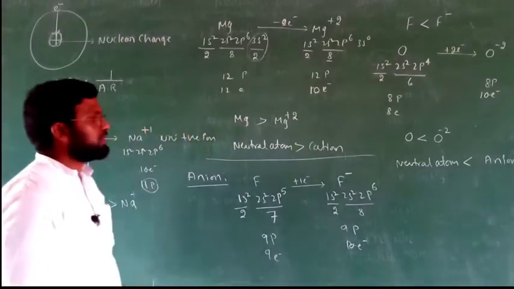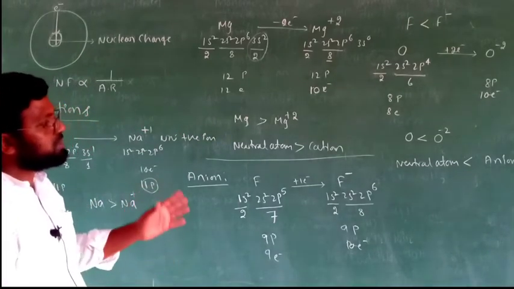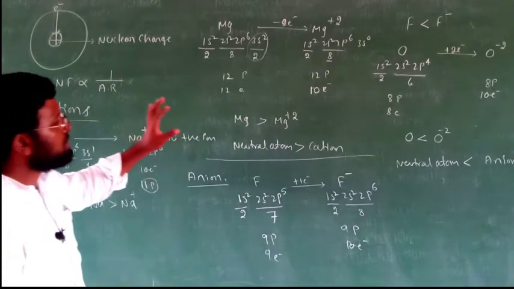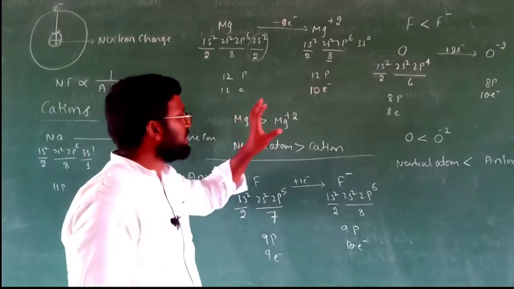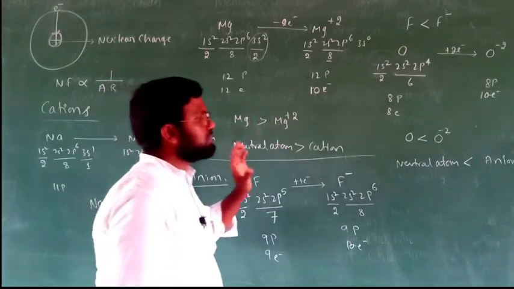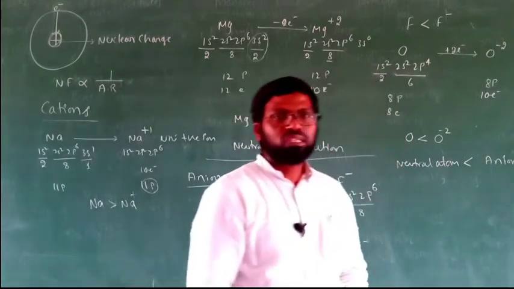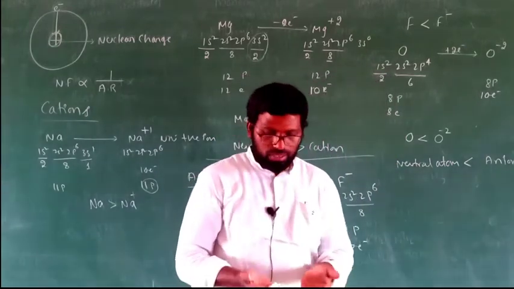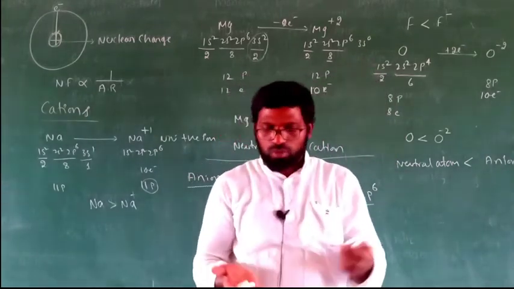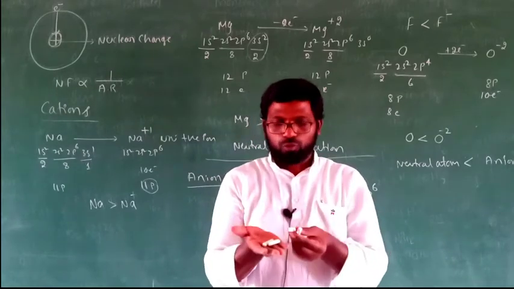So once again we'll recall these concepts. Here the size of a neutral atom is greater than its cation, but the size of a neutral atom is less than its anion. The concept is very simple. Suppose here I have some chalk pieces, 4 pieces.